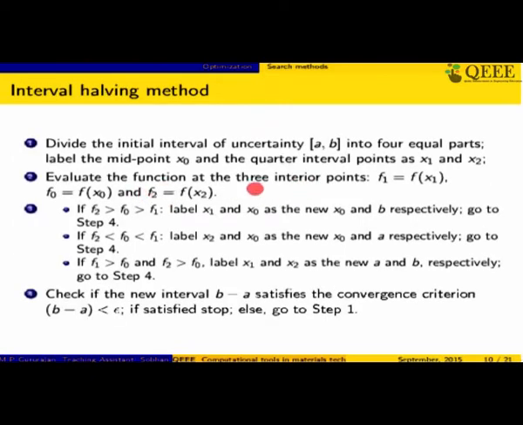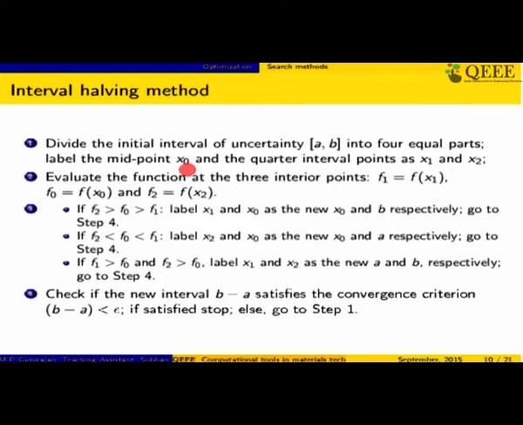So how do we do this? We divide this uncertainty interval AB, so 0.1 to 0.2, into 4 equal parts. The midpoint is x0, which is (a plus b) by 2.